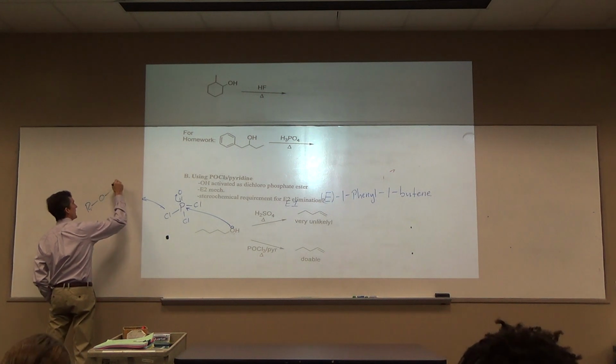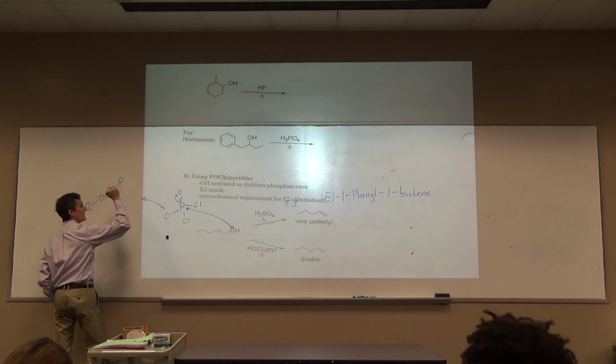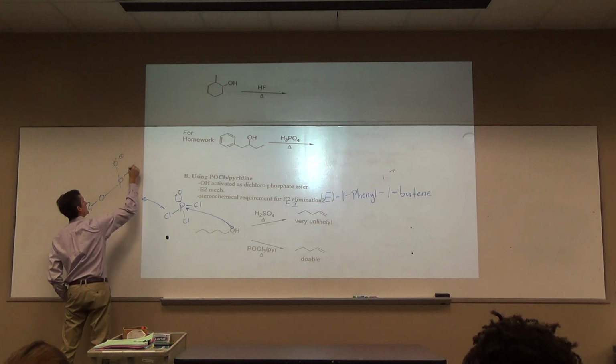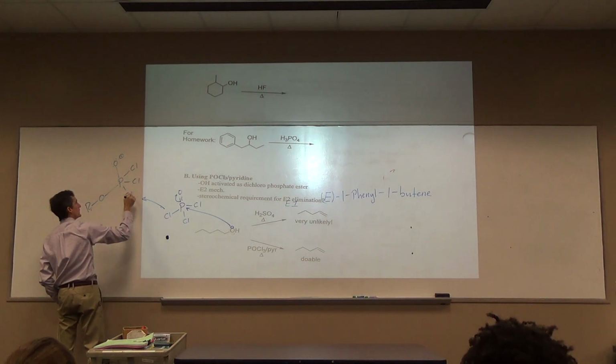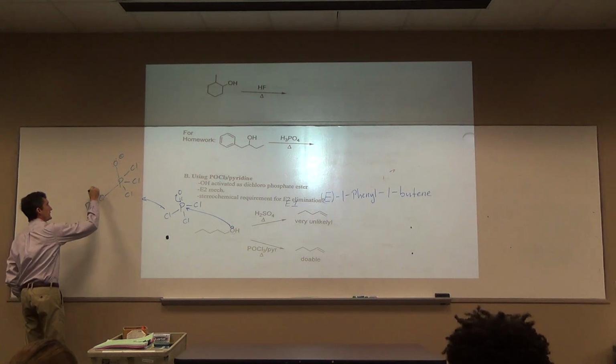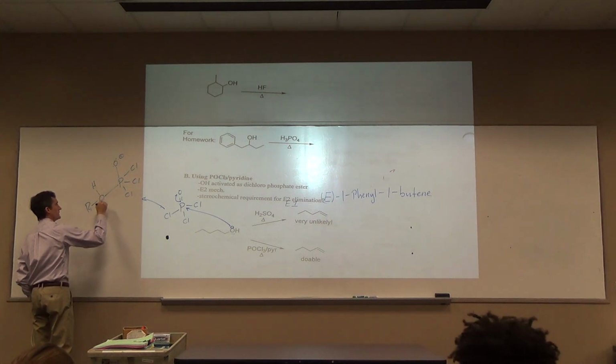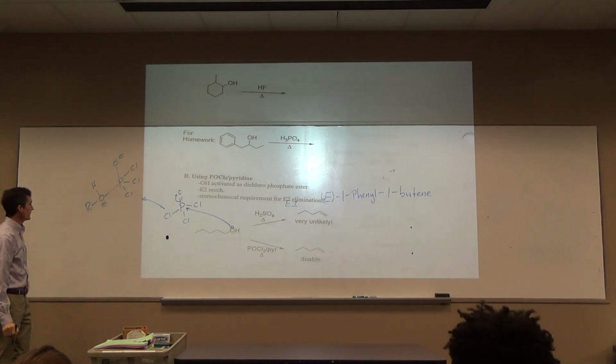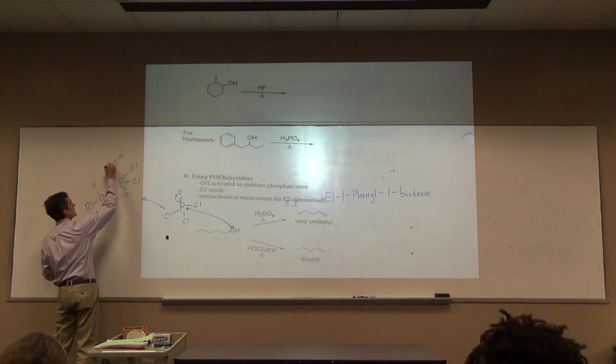Oxygen is now bonded to phosphorus. Electrons up onto oxygen, minus. Chlorine, chlorine, and chlorine. H here. Oxygen is now positive. We're going to have to come back and show this carbon later.